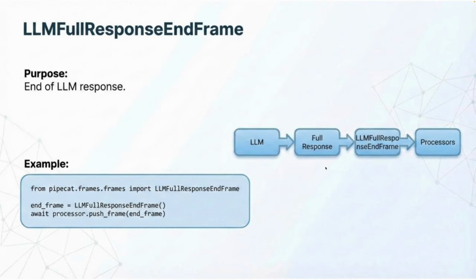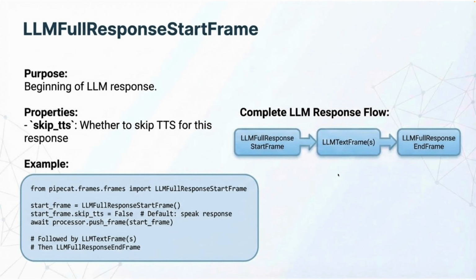So it's like LLM full response start frame, then LLM text, and then response end. So any other processor can do the next set of things. We are again pushing it, and the end frame is then received by the next processor. It is mainly useful for conversation control.